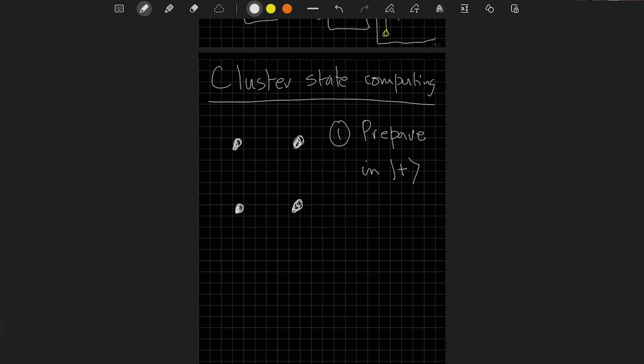Then I wish to make bonds between them. So the first step of preparation is to prepare them in the superposition, and then for bonds, I apply a control phase operation between any 2 photons that have a bond between them.